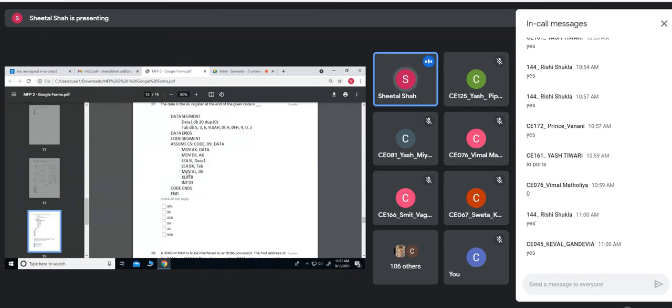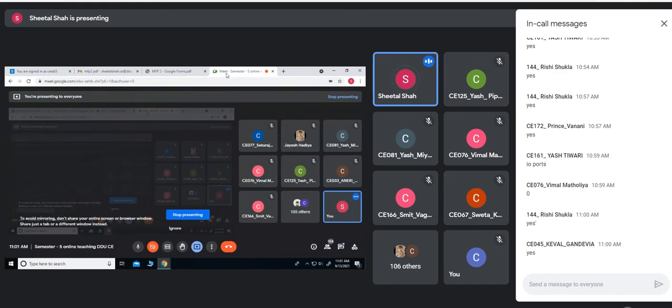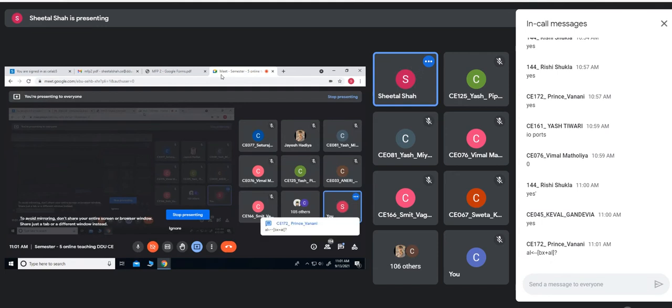After this, we have used the XLATB instruction. What does the XLATB instruction indicate? XLAT is used as a translate instruction. It takes BX plus AL. The BX register contains the offset value into the data segment of the lookup table, plus the AL register, which contains the displacement in the lookup table.